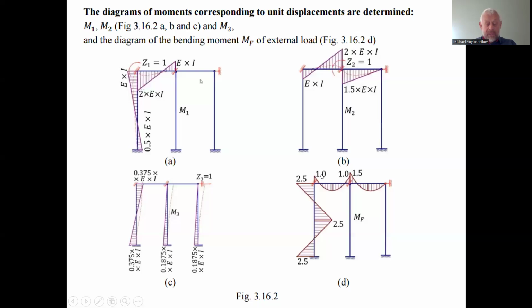So under the action of the external load, we have a distributed load here, and we have the diagram for two embeddings shaped like this one. As we remember for the parabolic shape, this is 1/24th part of the product of distributed load q by the span squared, 2 meters here.